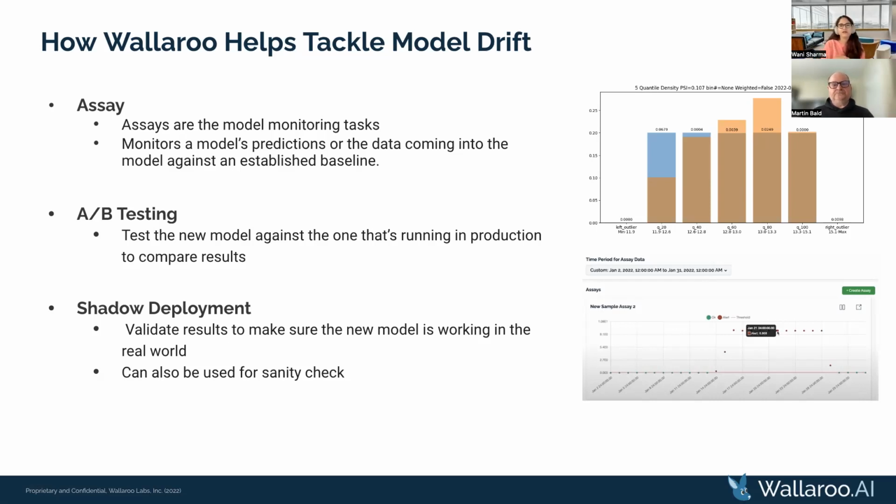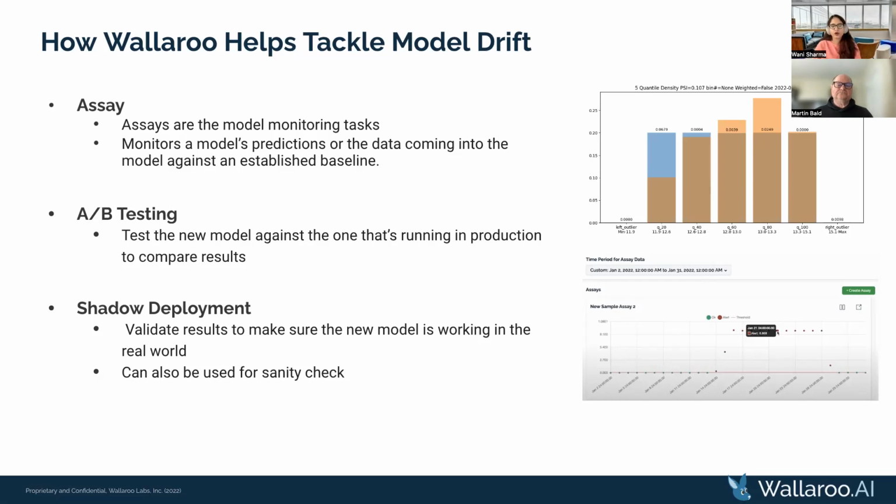So what happens after you have observed this drift and you have retrained your model? It's always a good idea to test this new model against the one that's already running in production. Now, this is your retrained model that you want to bring into production.